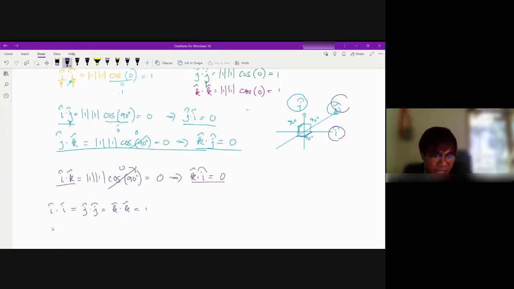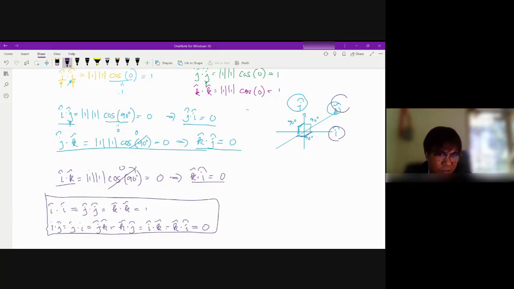So nakakay combination nga I dot j, or you have j dot I, or nakakay combination nga j dot k, okay? Or k dot j hat, or nakakay I hat dot k hat, or k hat dot I hat, that is just equal to 0.